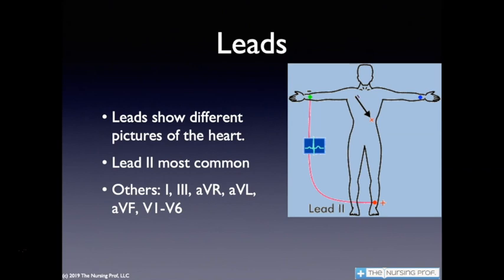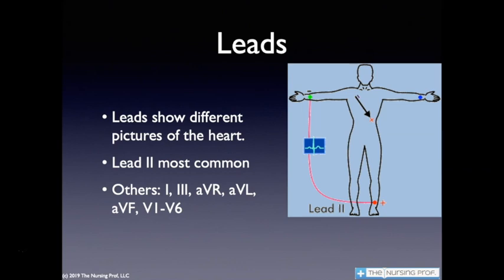Now, you've heard of people talking about the leads. Well, what is this whole idea of leads all about? Basically, leads are the areas of the body where we are going to put some kind of electrical conducting device to be able to read the electrical activity of the heart.